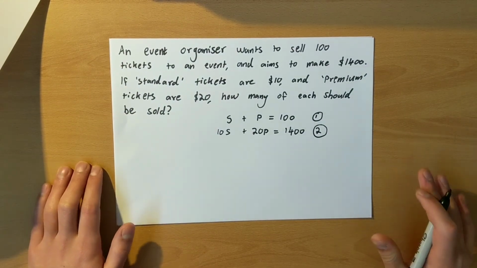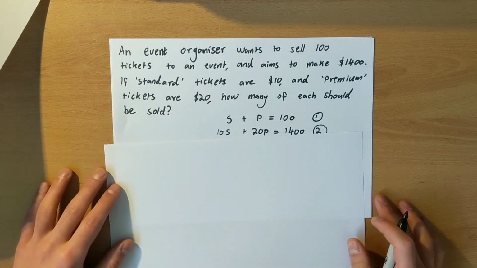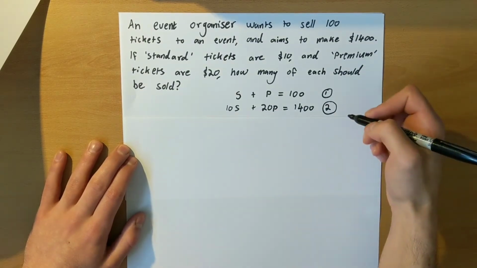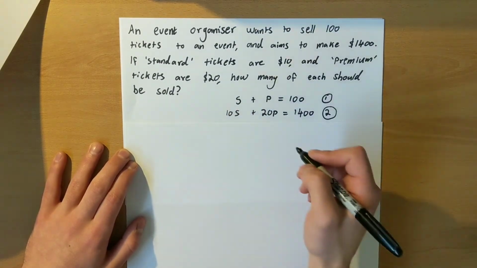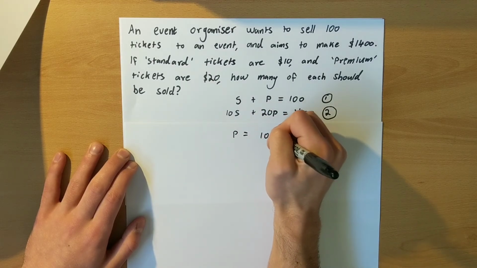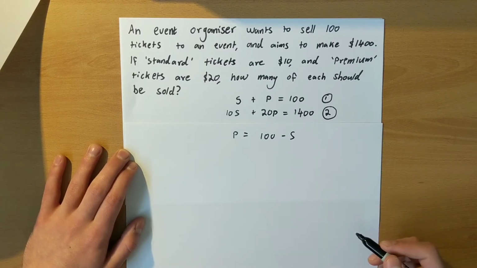Now I can use my substitution method to solve these. So the first thing I want to do is I want to pick an equation and isolate a variable. So let's pick equation 1, and let's say if S plus P is 100, then P equals 100 minus S. I can now substitute that into equation 2.